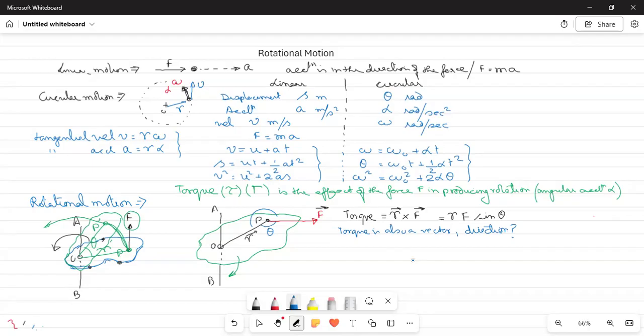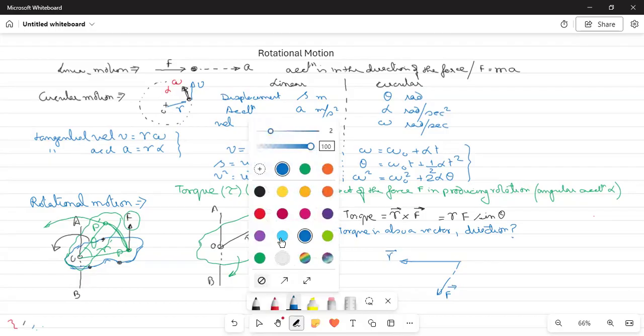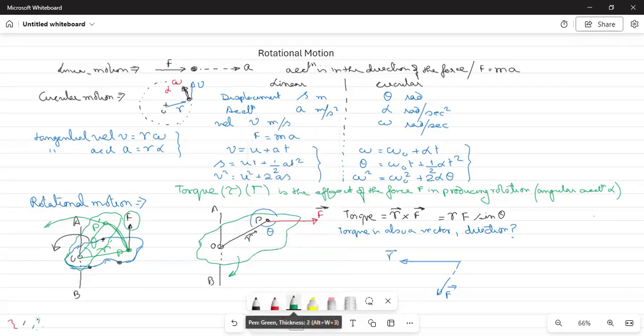Let us say this is the R vector, and let us say this is the F vector. Then there is a way of determining the direction of this cross product, for which I have to draw a picture, but I'm really not good at drawing a picture.